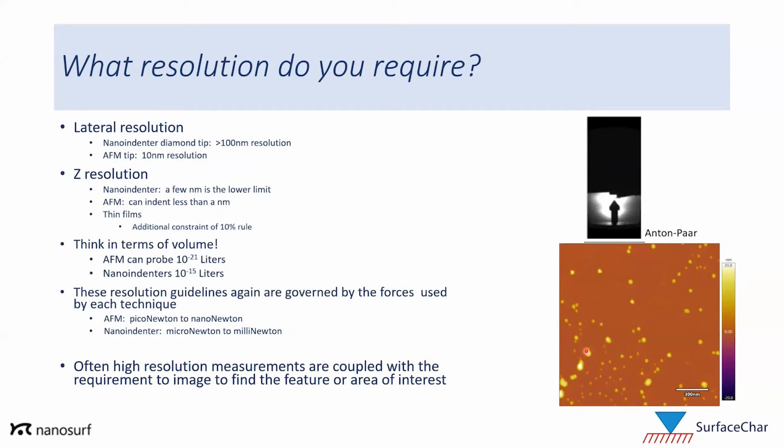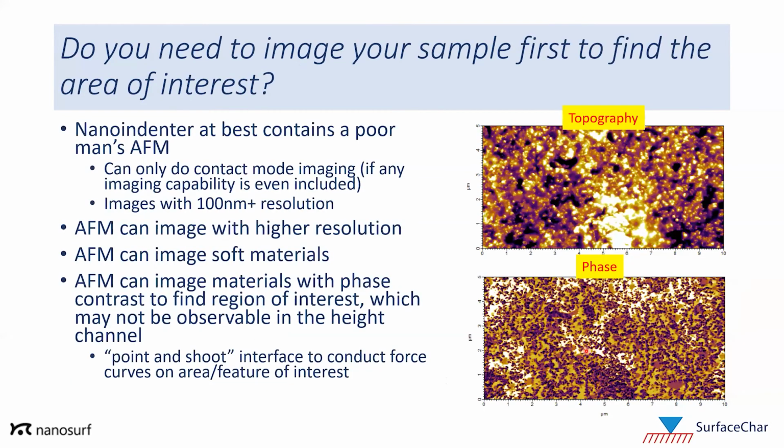So that brings us to our final question, which is, do you need to image your sample first to find the area of interest? So many nanoindenters don't have an imaging capability, but if they do, it at best contains a poor man's AFM, where it can only do a form of contact mode imaging with 100 nanometer plus resolution, so very poor resolution.